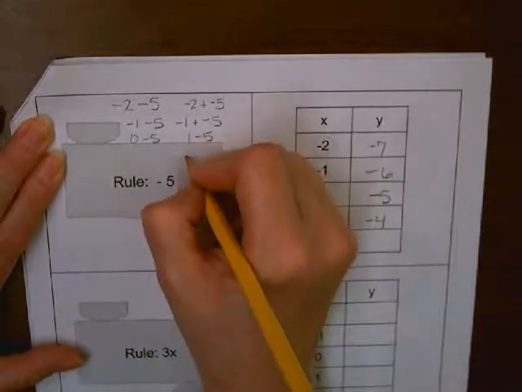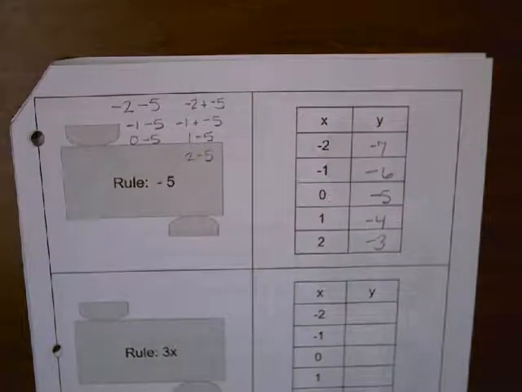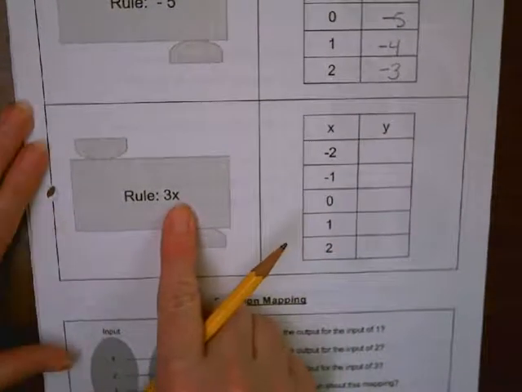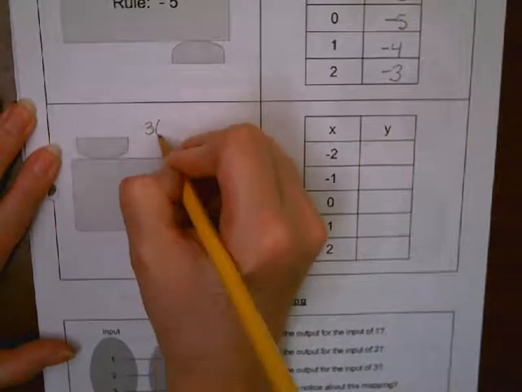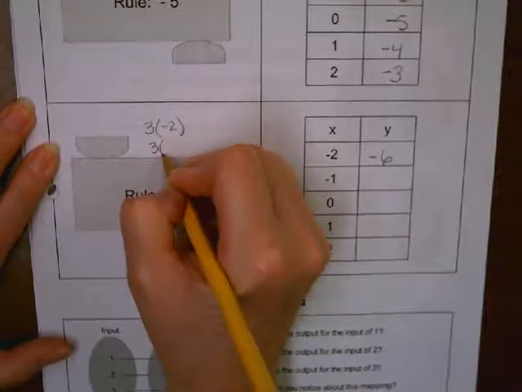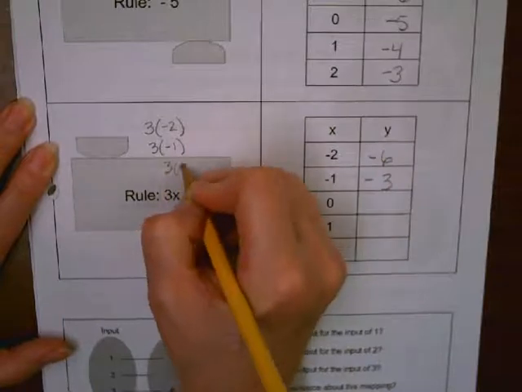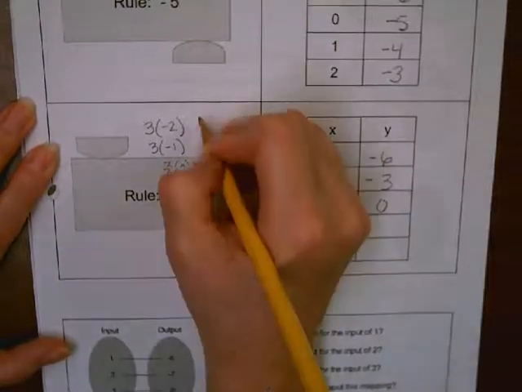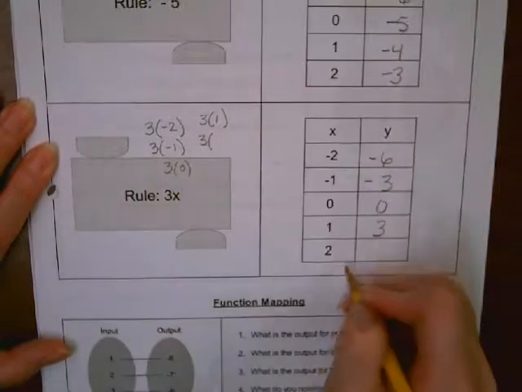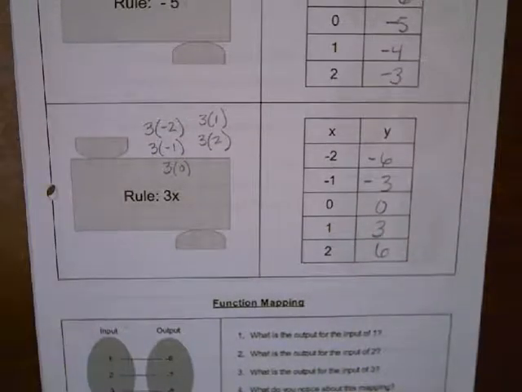What happens if I put in a 2? Now my rule is 3 times x. So 3 times -2, 3 times -1, 3 times 0, 3 times 1, and 3 times 2. Okay?